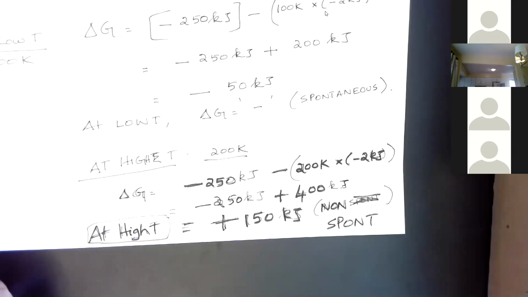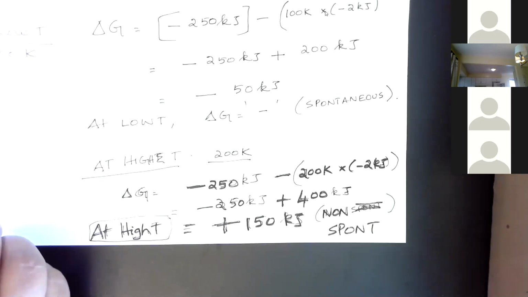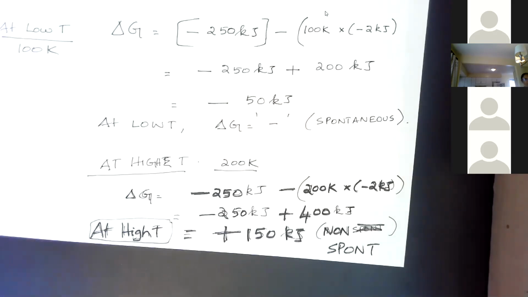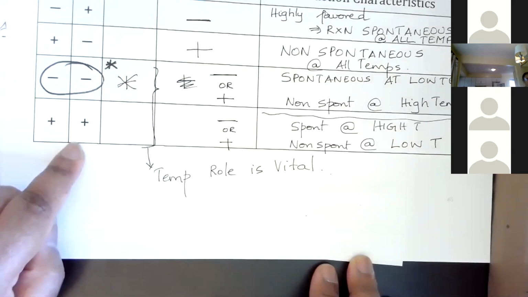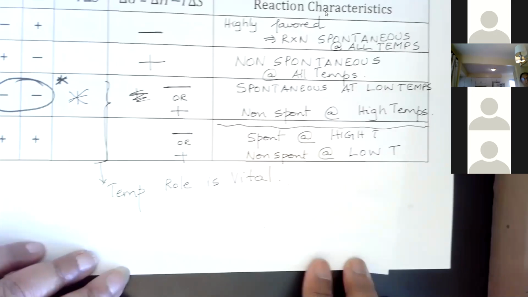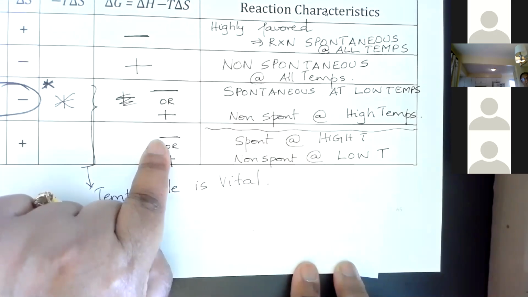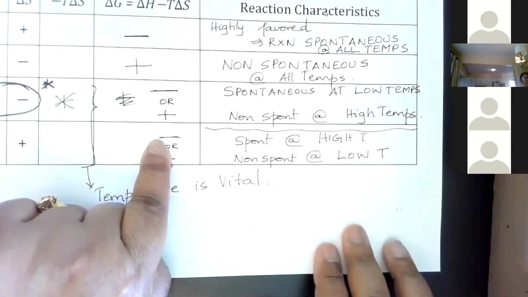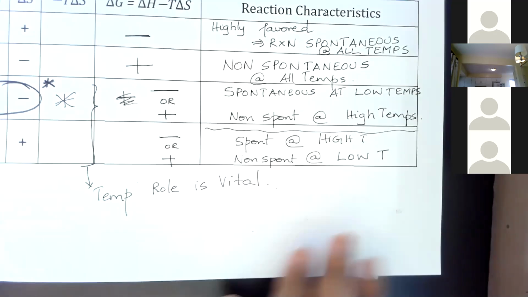Now you can use similar analogies or similar values and prove this case as well. And these are both positive. You can test it and you will see that at high T, this will be negative because your delta S will be a large positive value. And then at a low T, it will be non-spontaneous.